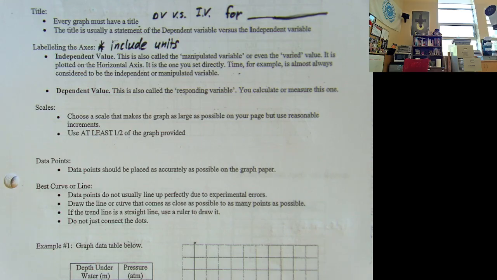Having a graph like this, especially when you're drawing lines of best fit, matters because to find the slope of a line of best fit, you're not using data points, if you recall. You actually need your line to go through the corner of a square, whether that square is big or small. The smaller the squares, the more likely it is that your line is going to hit one.